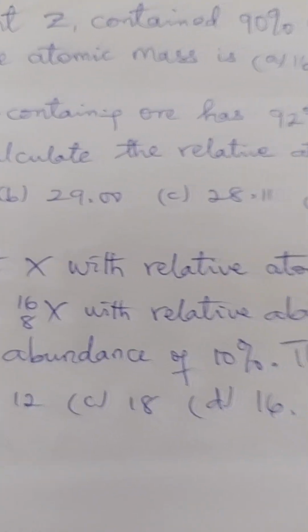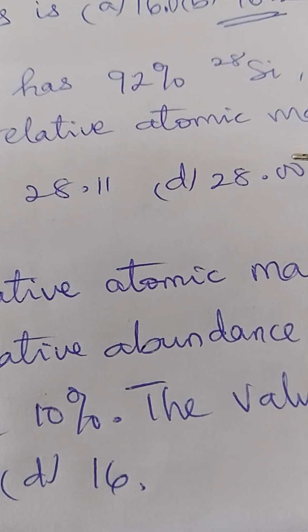We are now asked to calculate the relative atomic mass of the silicon. And the options we are given: option A is 14.00, option B 29.00, option C 28.11, and option D 28.00. So that's the question. I hope you got the question right.